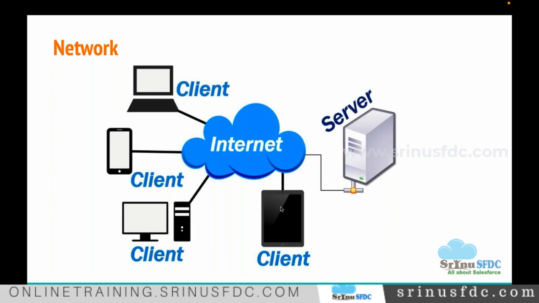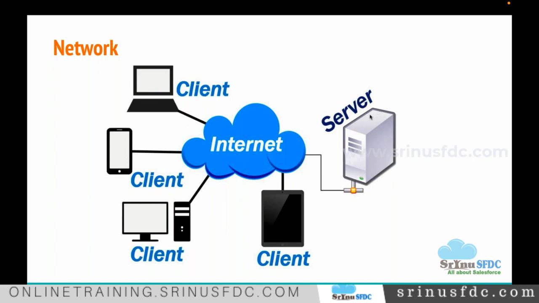So here the client is the device we are using, either mobile or laptop, whatever we are using, and that device should be connected to the internet. Through the internet, when you say YouTube.com, it will reach one of the servers. The YouTube company maintains a server in one of the locations.